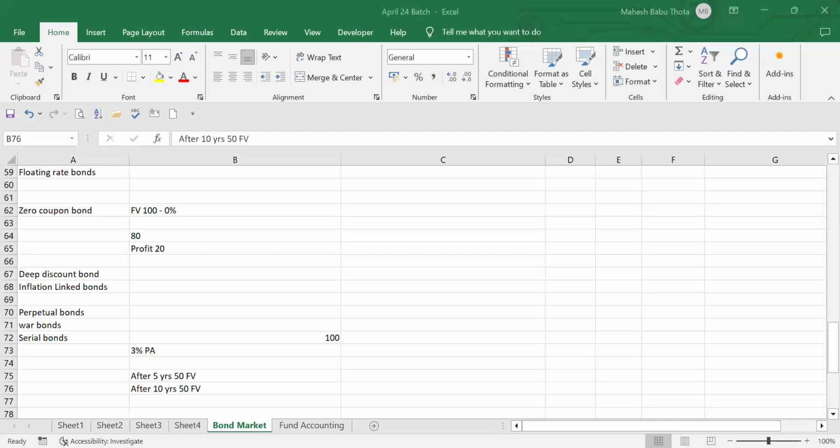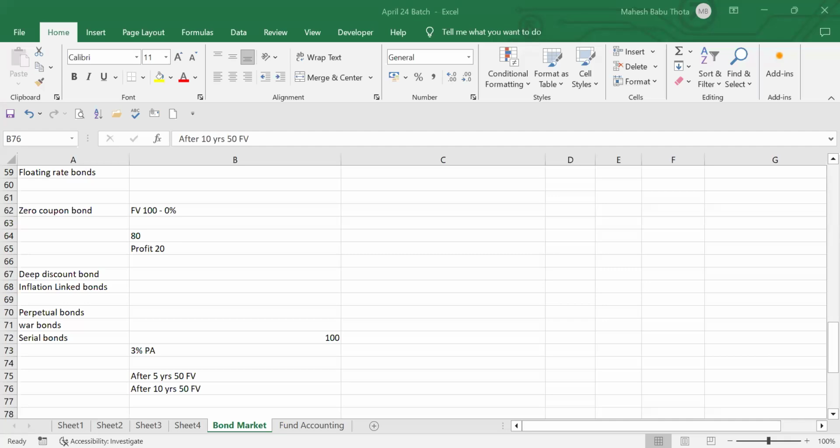Because after the 6th year, they'll pay for 50 rupees. Why? Because if they unnecessarily paid interest on the 50 rupees already repaid, there is no use for the company. As per my understanding, they won't be paying interest on the entire face value.